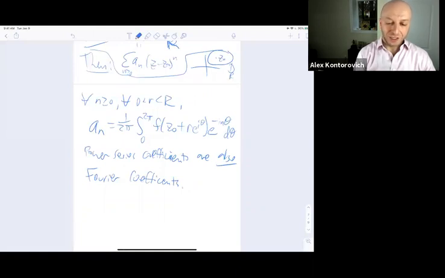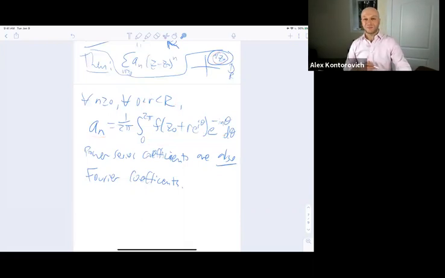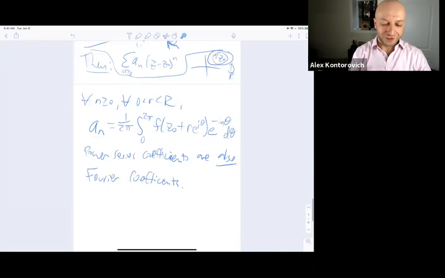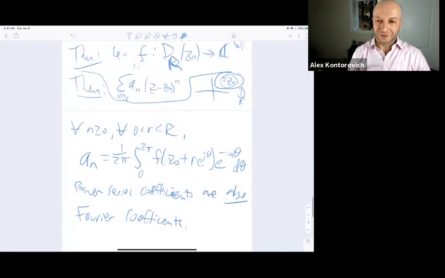This was big R, and then I'm taking a circle of radius little r. Any little r smaller than big R, I take a little circle and I integrate f around that little circle, twisted by e to the minus I n theta. So this is like the Fourier transform on this circle. And what that recovers is, I claim, exactly the nth Fourier coefficient of the function. Okay, does that make sense?